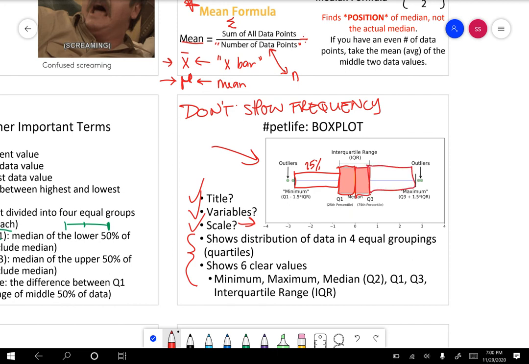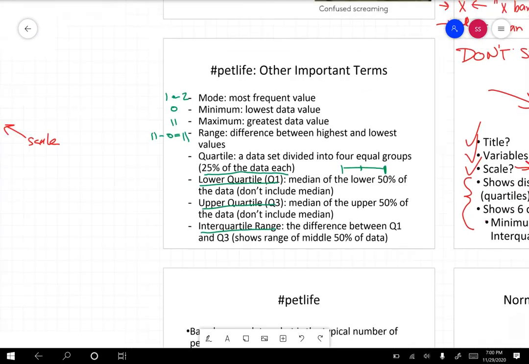So if you surveyed 8 people, for example, it would mean that there are 2 data points here, 2 data points here, 2 here, and 2 here. Right, splitting it up into equal fourths. Okay. Other things that box plots clearly show are the minimum, maximum, the median, Q1, Q3, and the interquartile range. Again, this will make a lot more sense once we do it with our example. So let's do that.